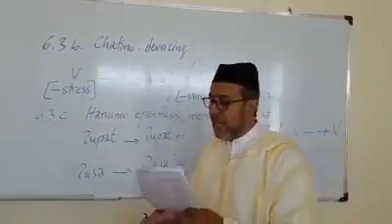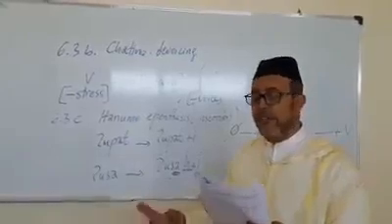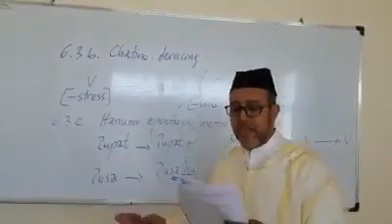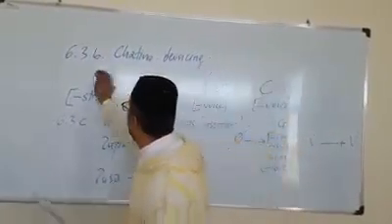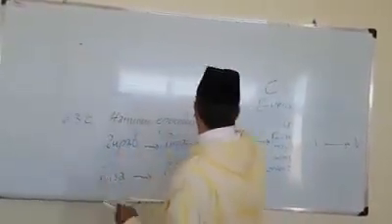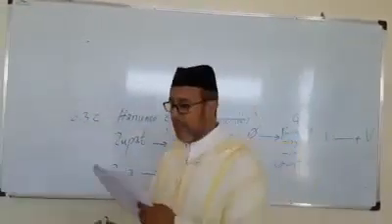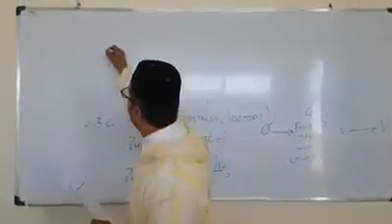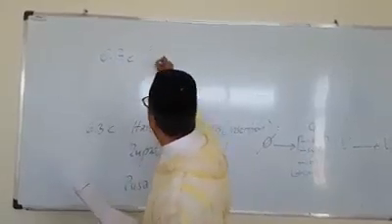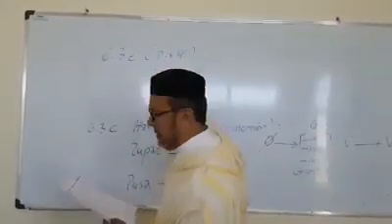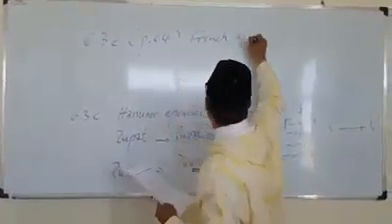An unstressed high vowel is converted or changed to the corresponding glide if it is followed by a vowel. Let's take the example, 6.3e, page 64. That's French gliding.